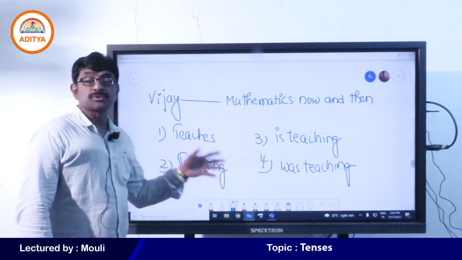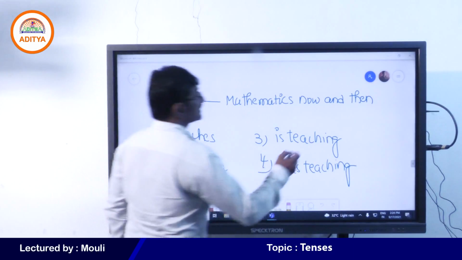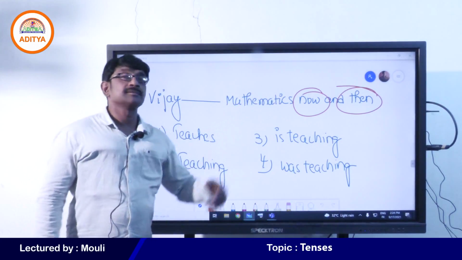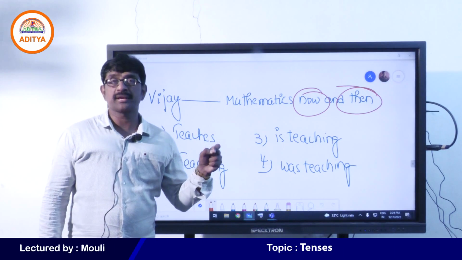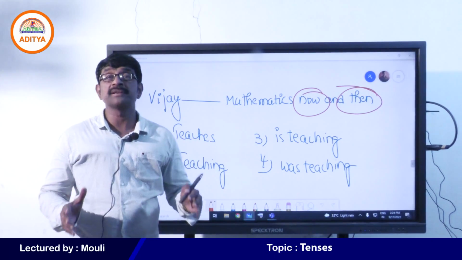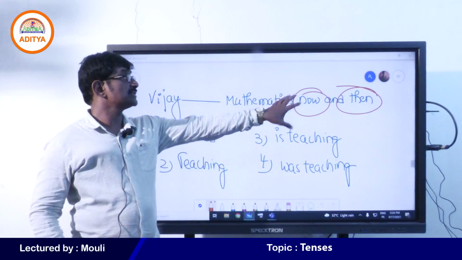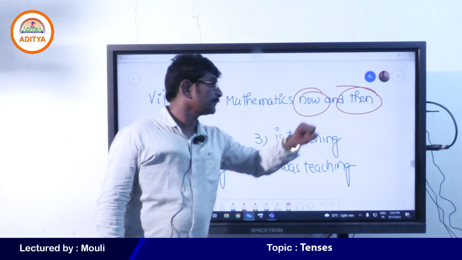Now you see this, students. First of all, we have to select this. In this, now and then is given. What is now and then? Definitely there is now, so everybody falls in the present continuous tense. But you have to observe the word then also.